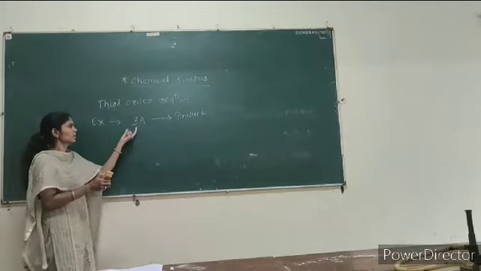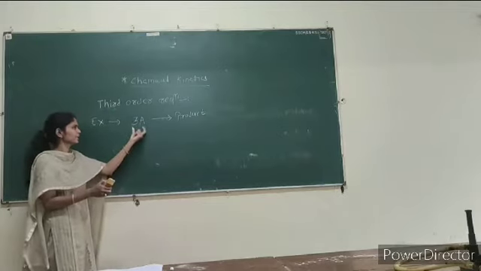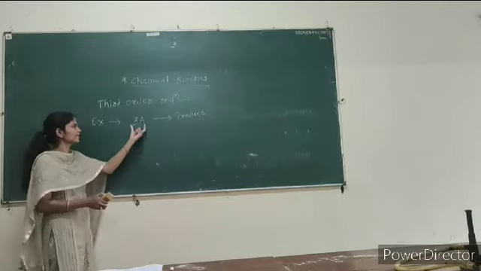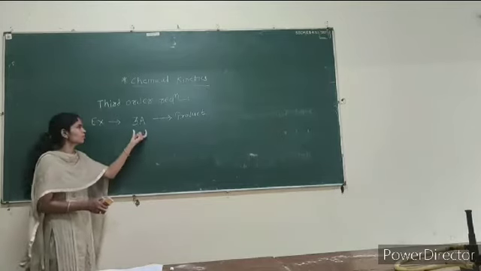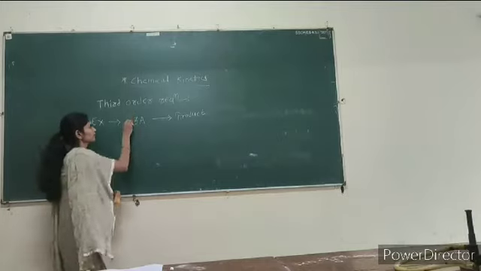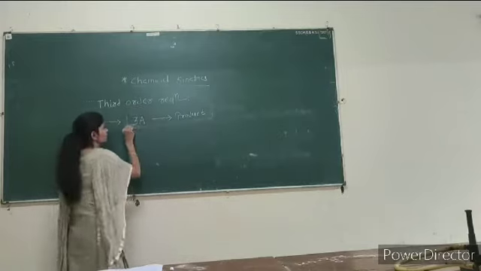In this reaction, three molecules of A react to give product. That is, three molecules are taking part in this reaction. Therefore, the order of reaction is 3, and this reaction is called a third order reaction.